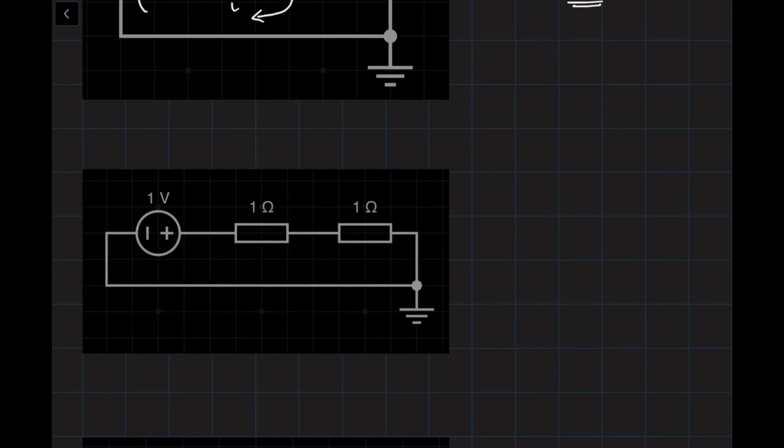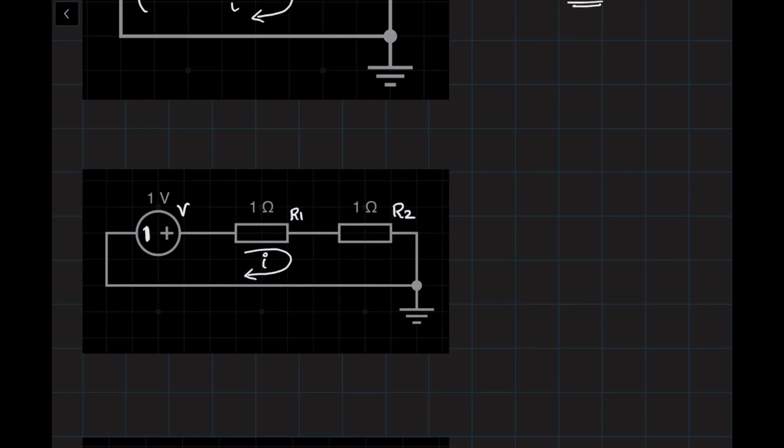In the second problem, let's take the current as usual in the clockwise direction. So let me mark it as I, and let this be the source voltage, and let this be the resistance R1, and let this be the resistance R2. So how will you write the Kirchhoff equation? Moving in the clockwise direction, you are seeing the negative end of the source. So what did I say?